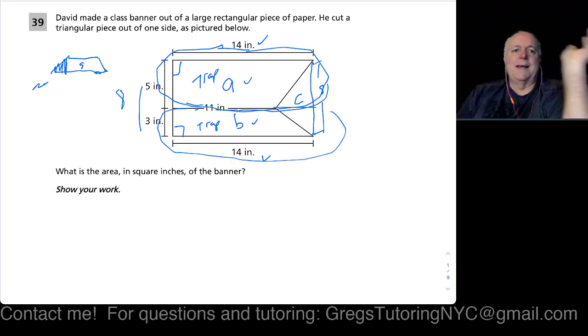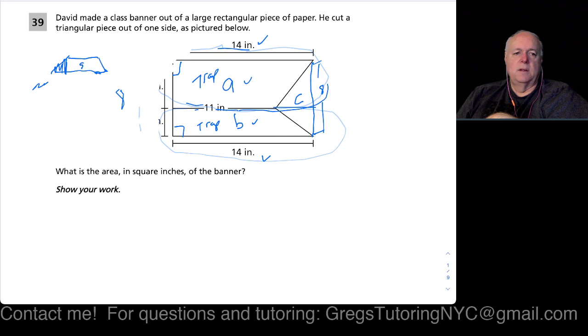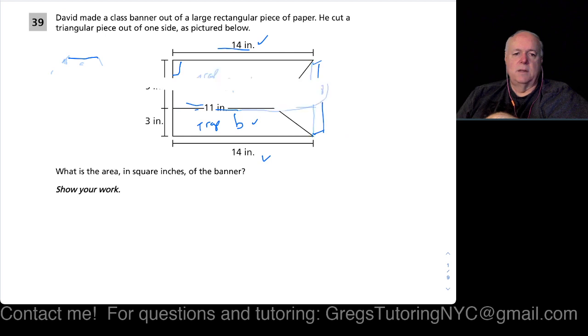So with all that said, I'm going to erase all the scribblings I just did here because I don't know what else to do with the illustration. I don't know what they want us to do with it. Most likely, they're going to ask us for the area of something. That's normally what happens in cases like this. Okay, so let's clean this up.